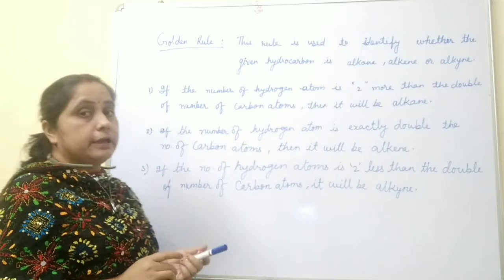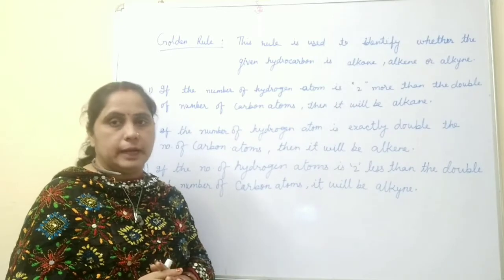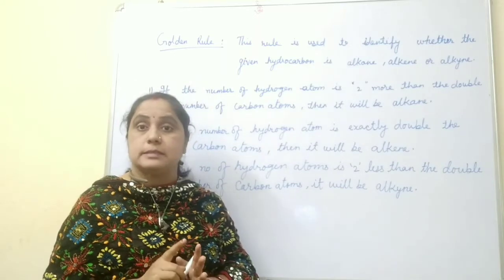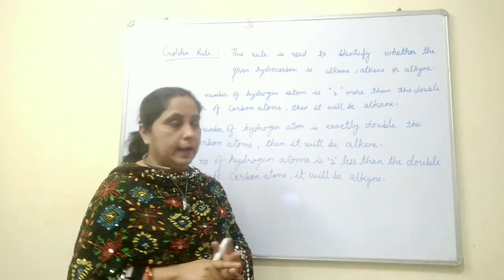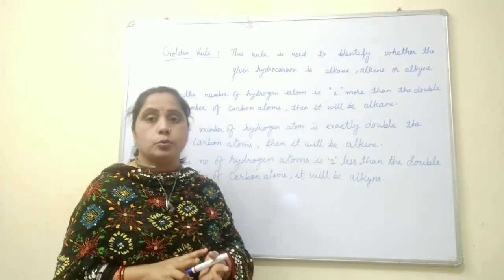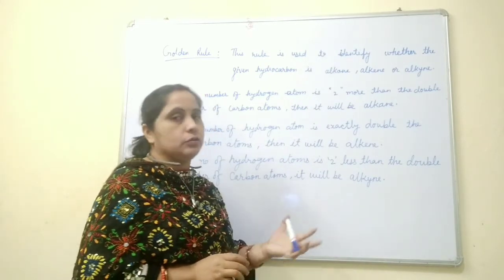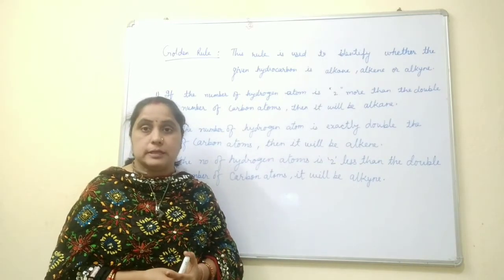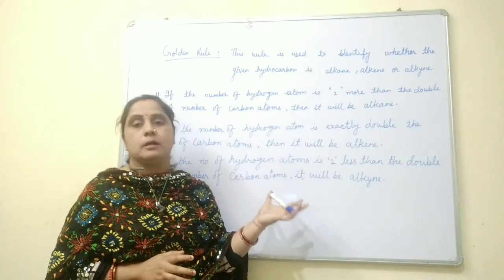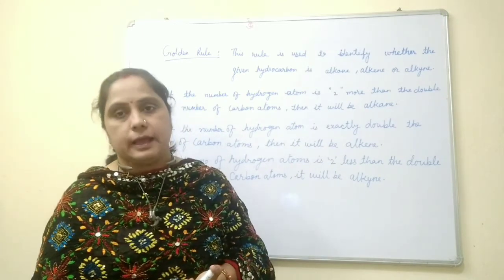Second, if the number of hydrogen atoms is exactly double the number of carbon atoms, then the hydrocarbon will be an alkene because its formula is CnH2n. Third, if the number of hydrogen atoms is 2 less than double the number of carbon atoms, then the hydrocarbon will be an alkyne because its general formula is CnH2n minus 2. This rule is called the golden rule. By using this, we can identify alkanes, alkenes and alkynes.